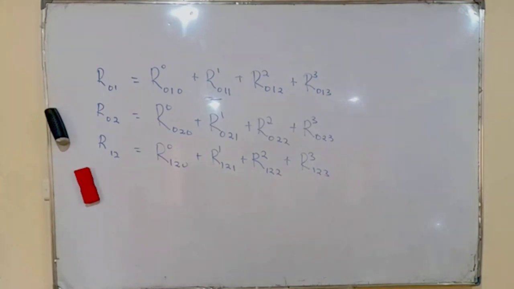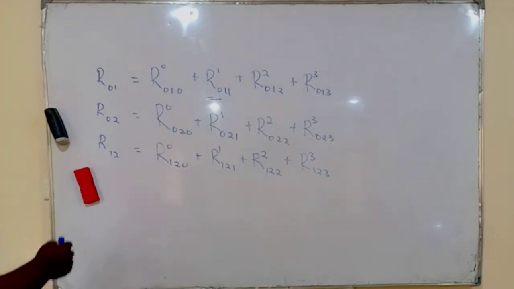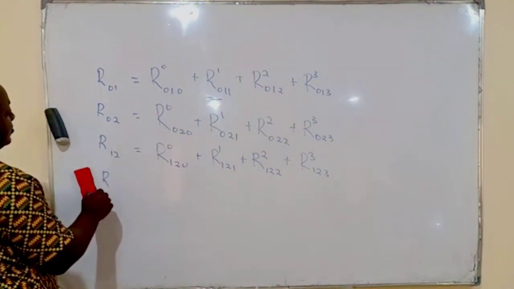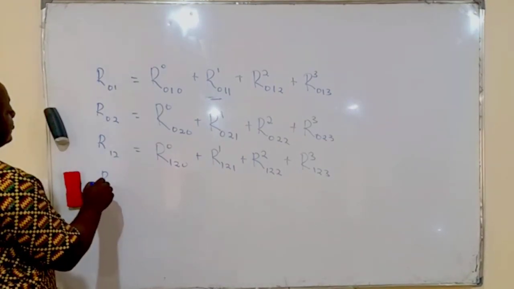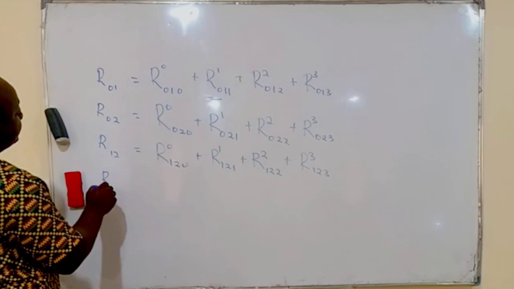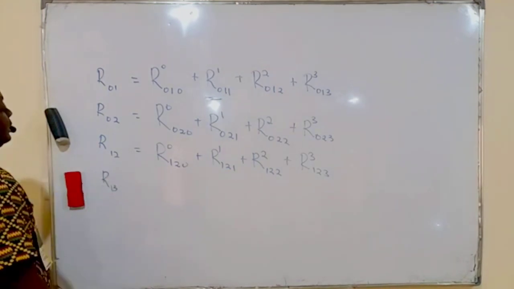Again, all of them are zeros. So we don't have any case there. Okay. And then we have R13.